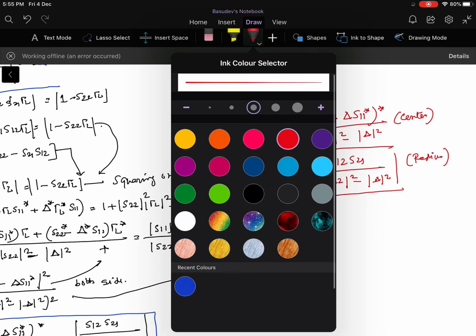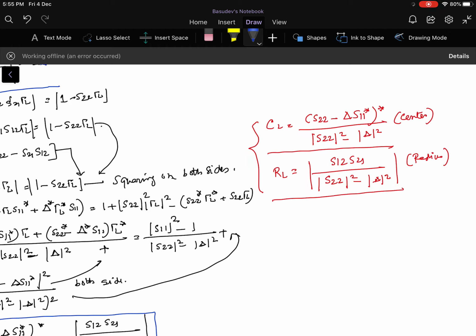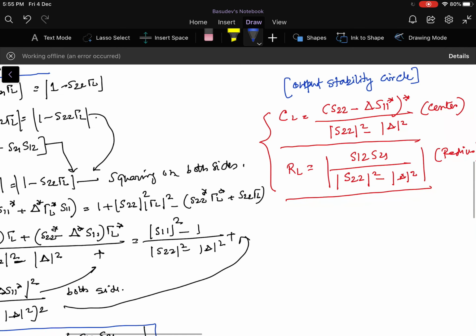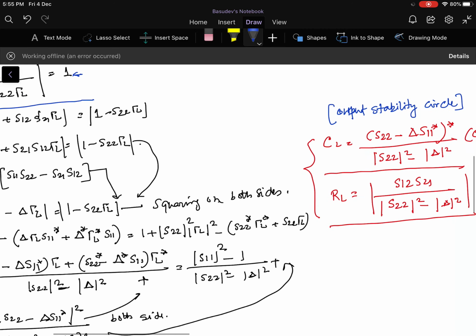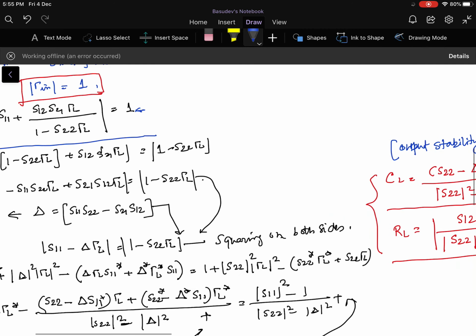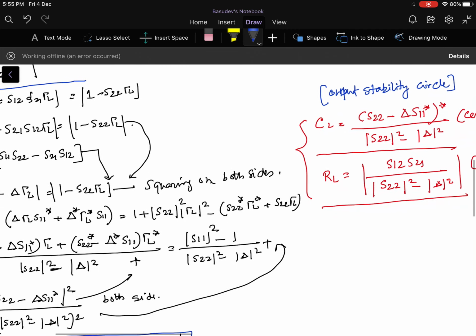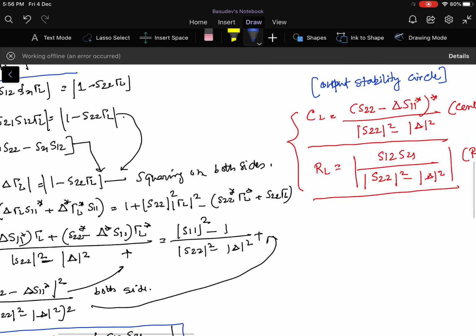So I am writing it. These are the center and radius of an output stability circle. Be careful: you should not think that because I started with tau in equal to 1, the C and R I get should be the input stability circle.